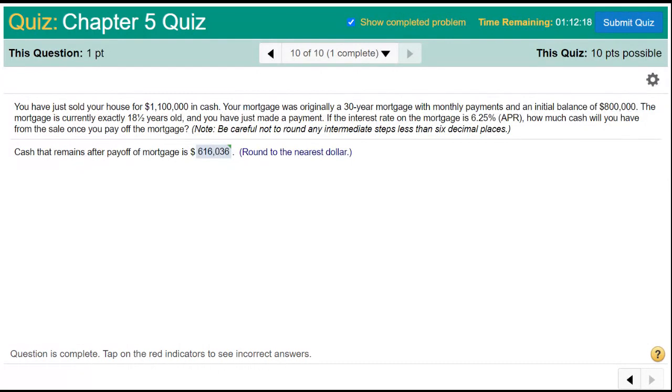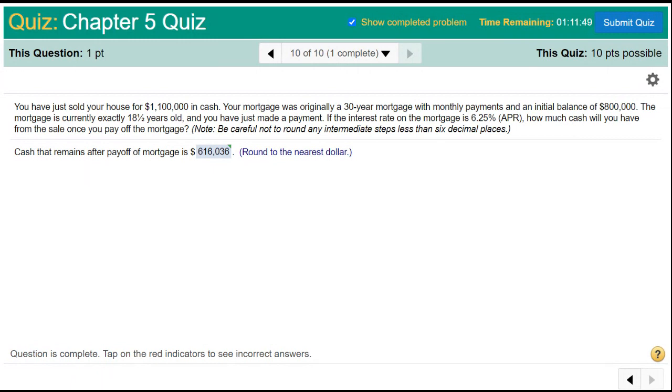Now, listen to me. You lived in the house. You bought the house for 30 years. It was 360 months, but you lived there for 18 and a half years. So that's 222 months. 360 minus 222 is 138.